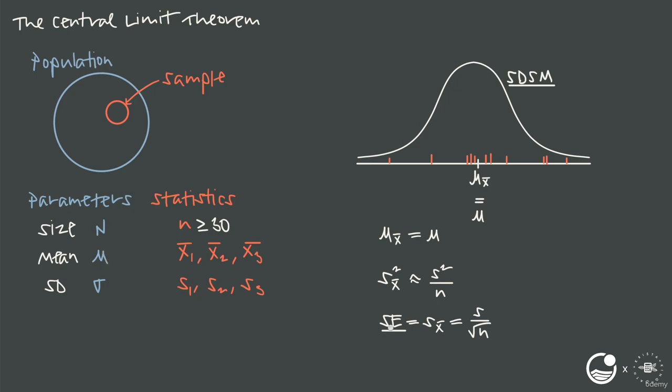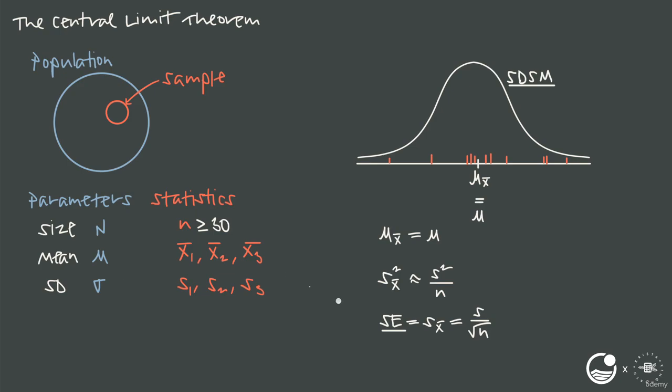Whereas when standard error is smaller, it means that all these sample means are more tightly clustered around this mean here, which means that any one sample mean that we take is more likely to be an accurate representation of the actual population mean. In other words, standard error gives us an idea of how likely it is that any given sample mean is an accurate representation of the true population mean.